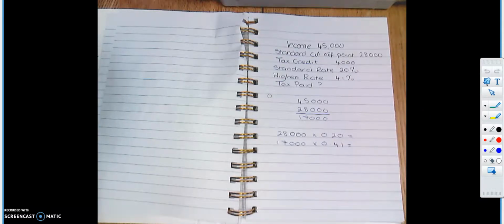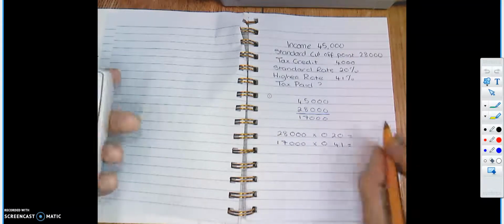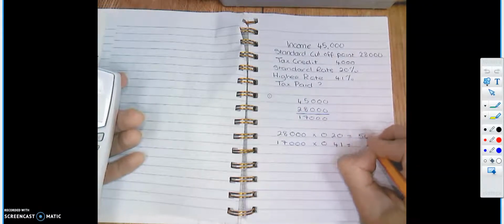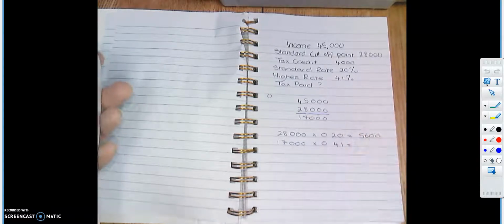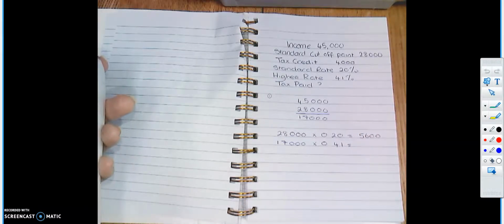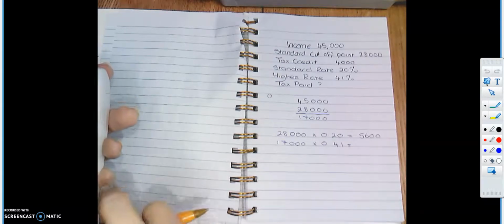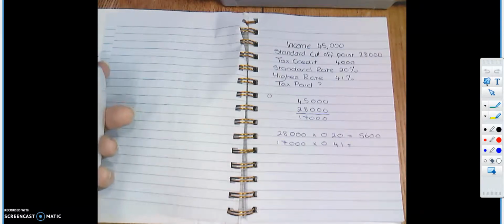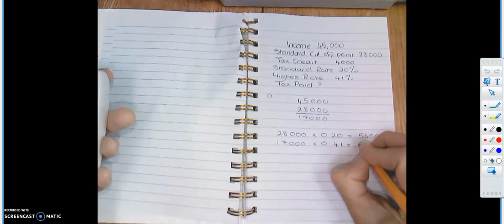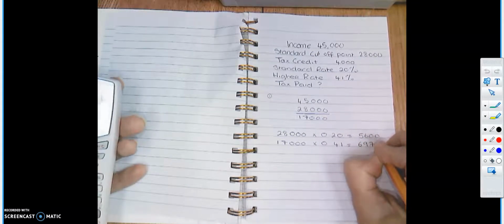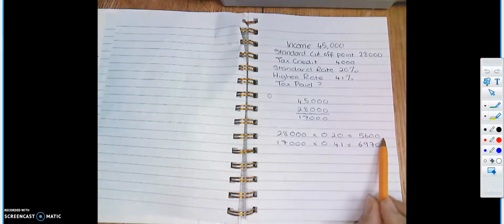So for our low rate of tax, we're going 28,000 times 0.2, which gives us 5,600. And our high rate of tax is 17,000 times 0.41, which is 6,970.